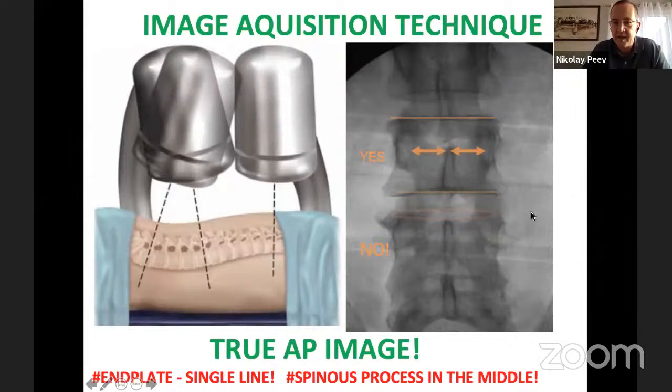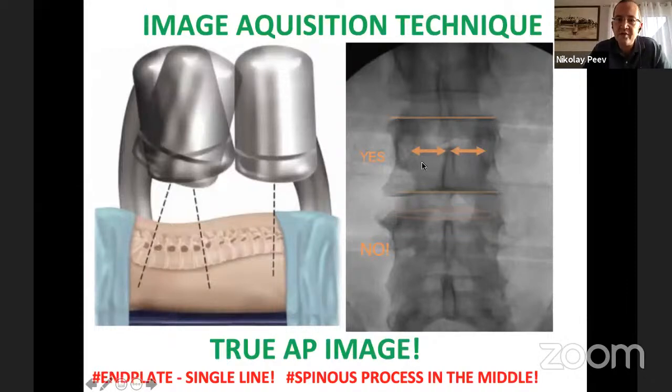If you are meticulous with this, you have a good chance of having good radiological guidance, and that will give you a good chance for a successful surgery. So make sure that you are acquiring your pictures properly, and that the end plate of interest is a straight line.